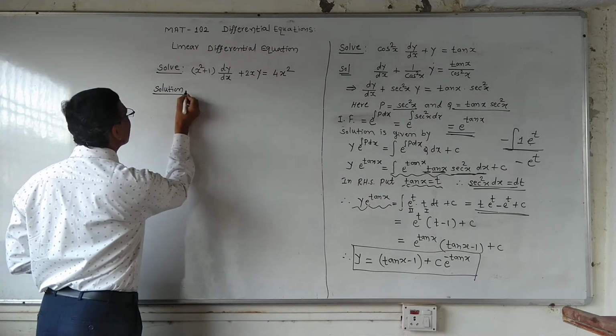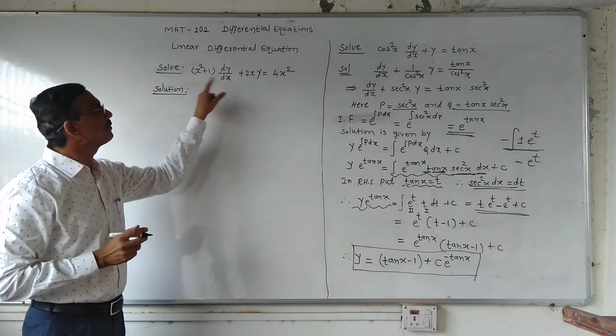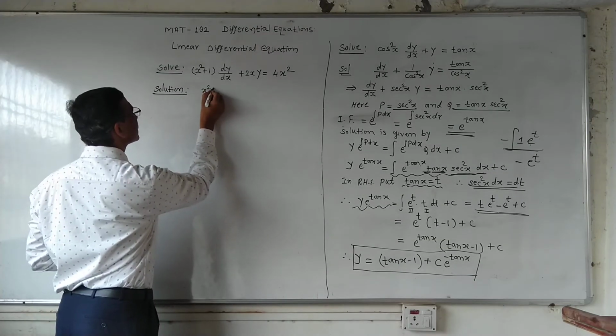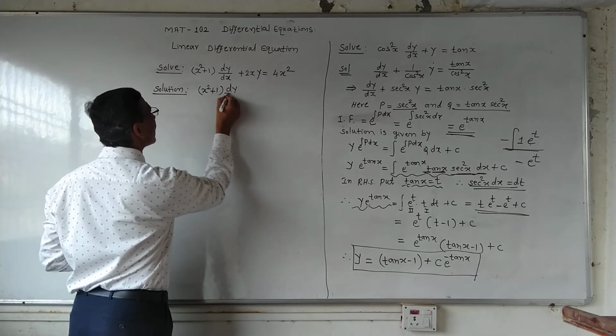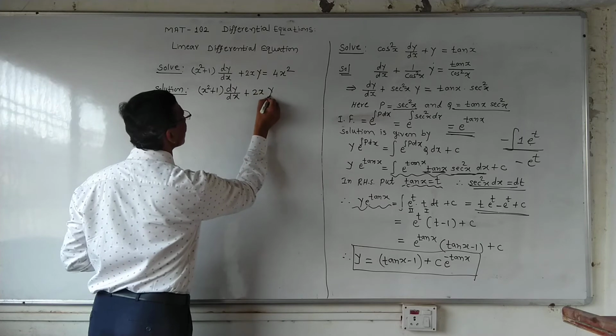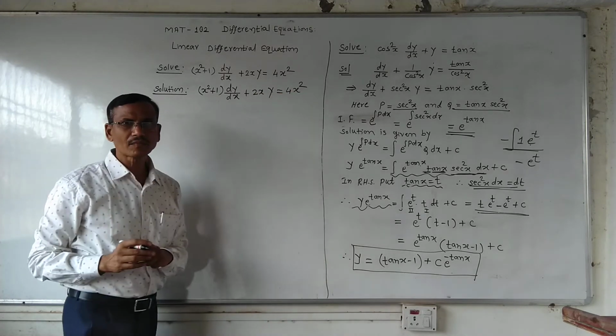I am not writing all steps on board. At first write the given differential equation: x square plus 1 dy by dx plus 2x into y is equals to 4x square.